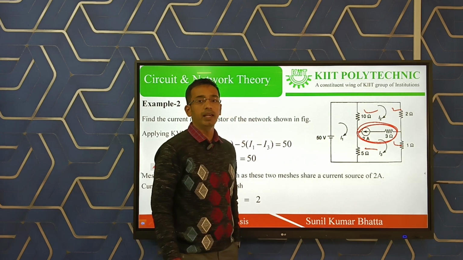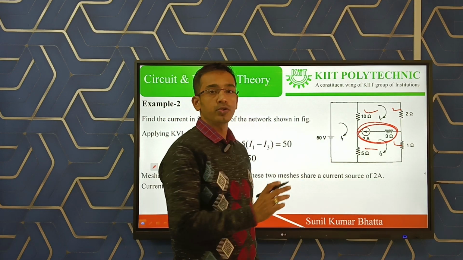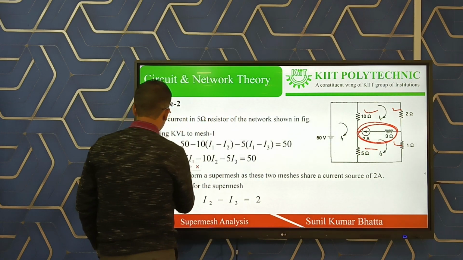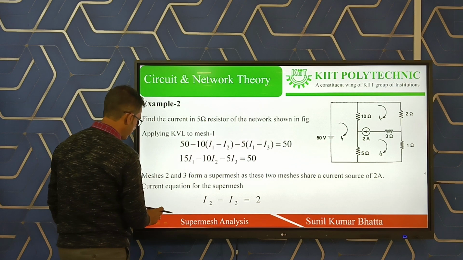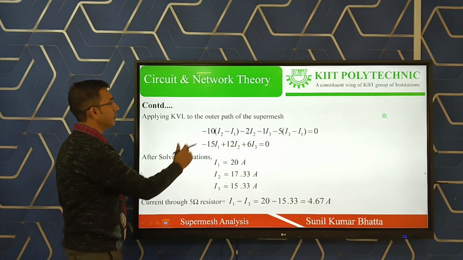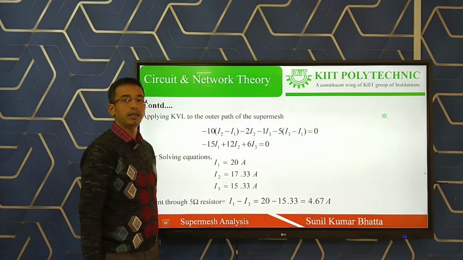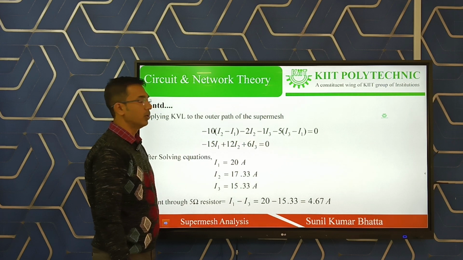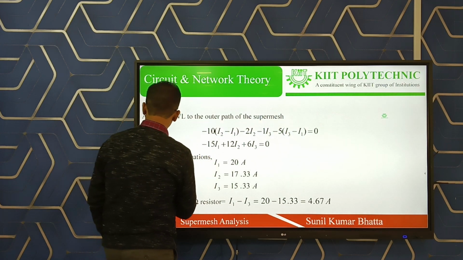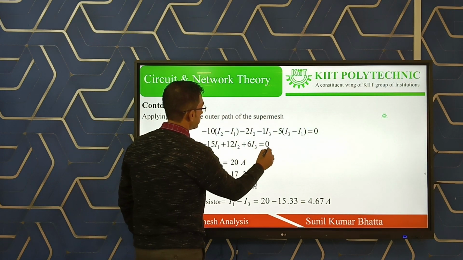While applying KVL in the outer path, always remember the common current source branch should not be considered. After applying KVL, the equation is minus 10(I2 minus I1) minus 2 I2 minus 1 I3 minus 5(I3 minus I1) equal to 0. After solving, this becomes 15 I1 minus 12 I2 minus 6 I3 equal to 0.